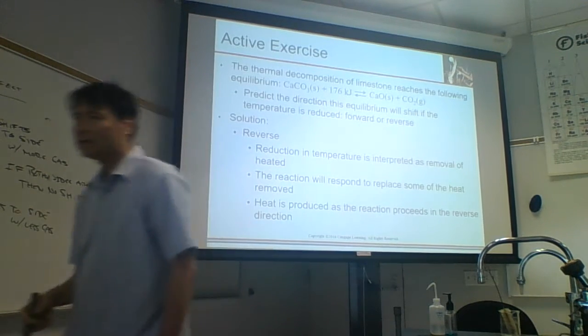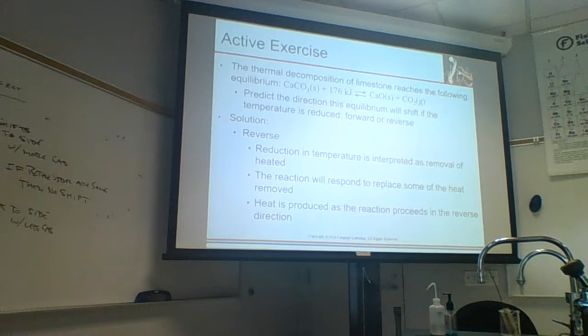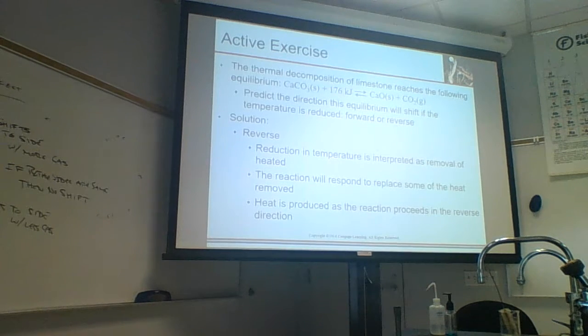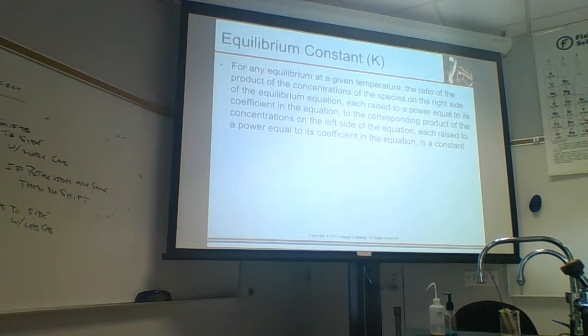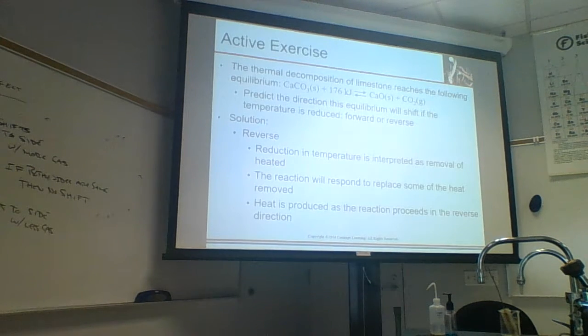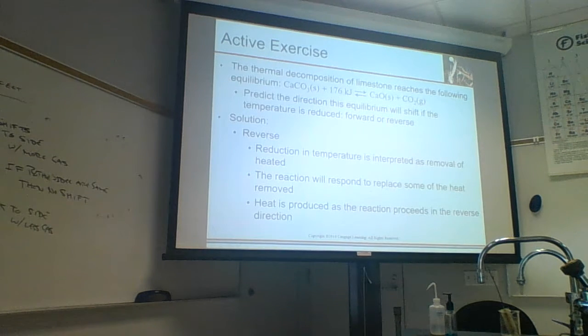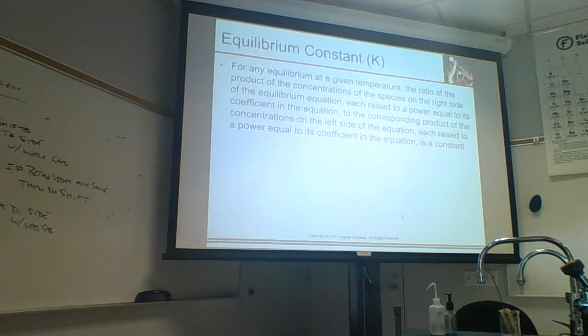But water is a bad analogy. You'll find out in Chem, but it's good for visualizing things, like if you have a water tank. So anyway, this is kind of a wordy answer. Basically, we remove heat, it shifts to the left. That's all we need to know.